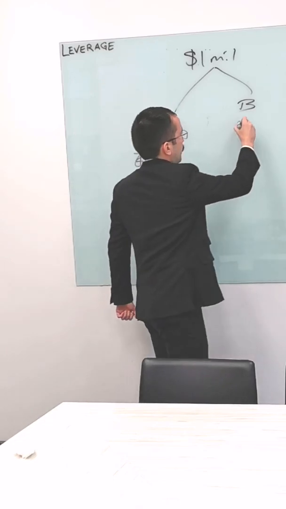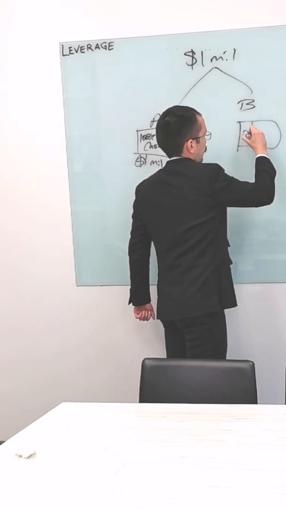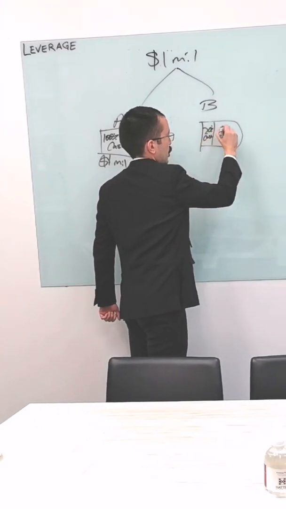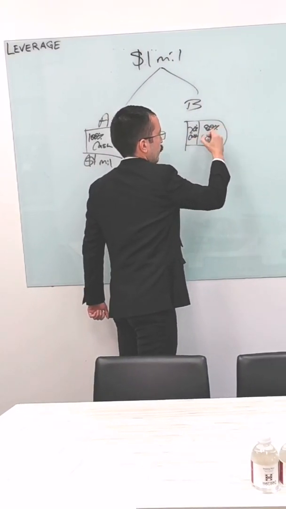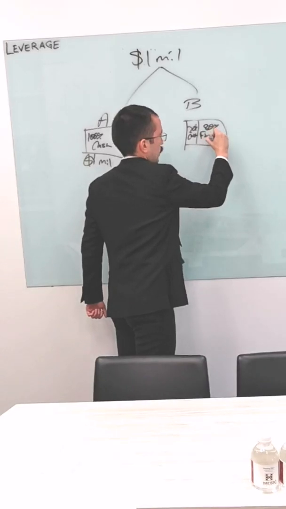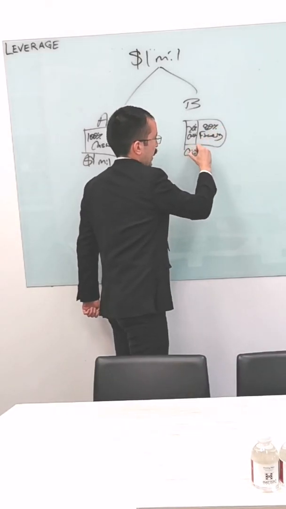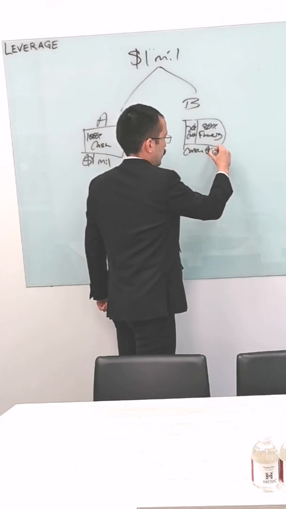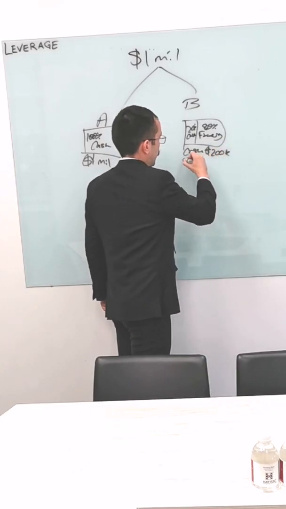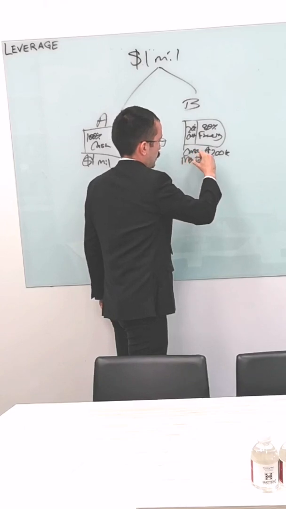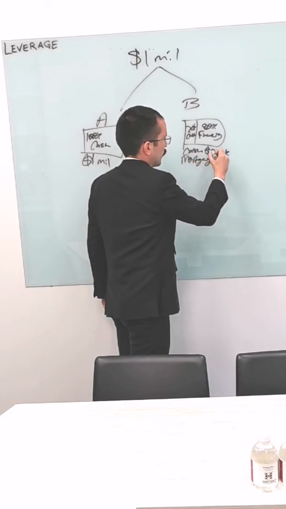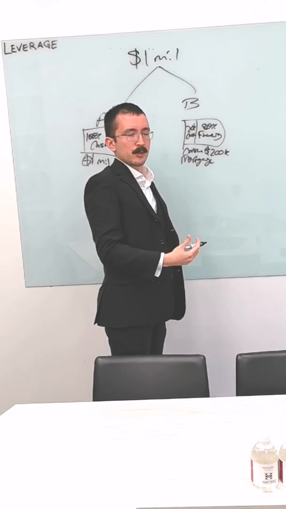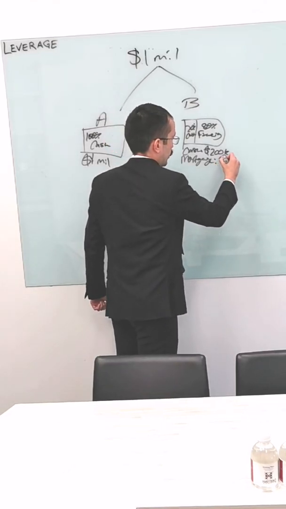Buyer B over here decides that he's going to pay a down payment of 20% cash and get financing for 80%. So his cash outlay here, 20%, is $200,000, and he has 80% under financing, which based on $1 million would be $800,000.